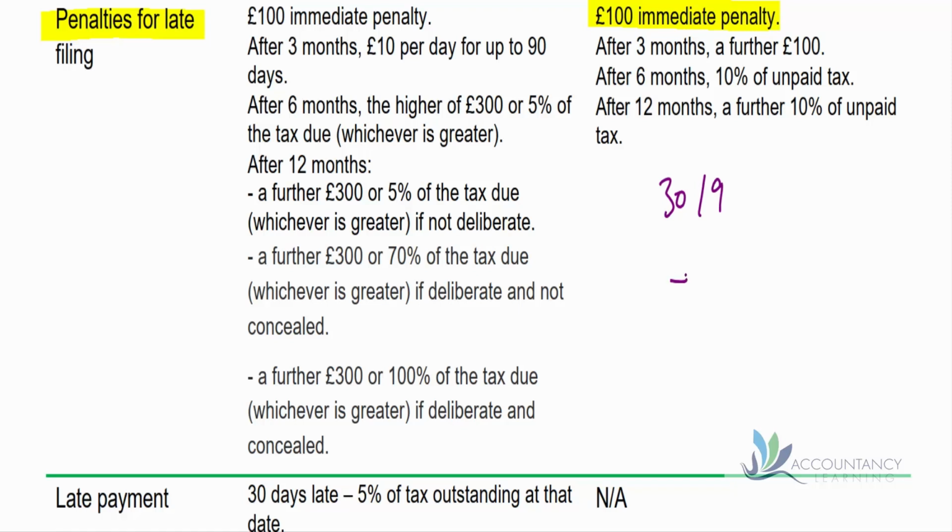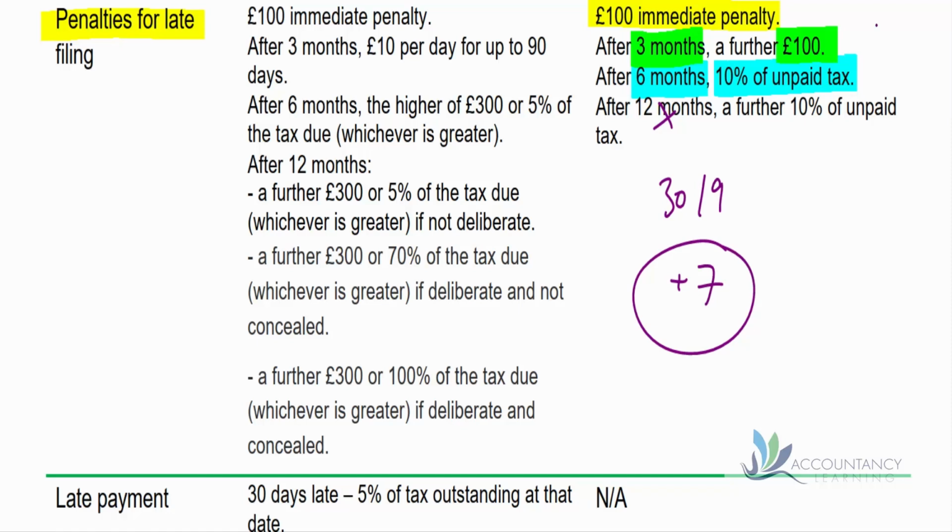So yeah, they are 7 months and a few days late. So that means that we would get a £100 fixed penalty for being more than 3 months late. And then we've also got a 10% of unpaid tax penalty after the 6 months. We don't have to worry about being after 12 months. That doesn't apply here because we're 7 months and a few days late.